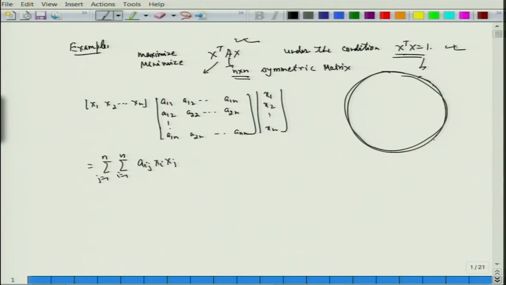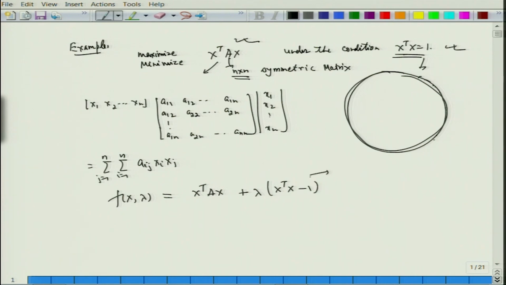So, if I want to maximize or minimize over this, then if you recall, there was a notion of what is called the Lagrange multiplier method in our calculus of several variables. So what we do is form a function f of x and lambda: x transpose Ax minus lambda times (x transpose x minus 1).